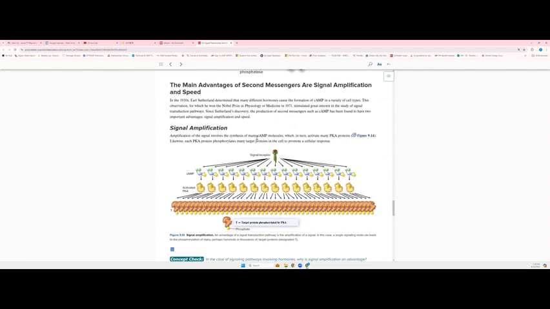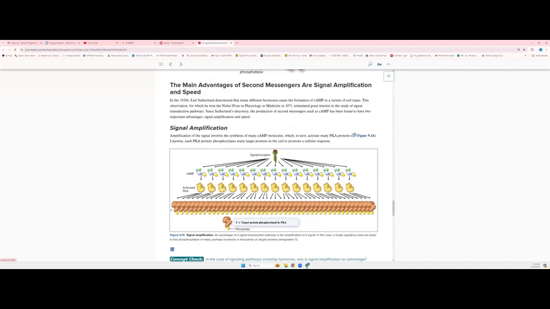And with more and more cAMP molecules coming out, more and more activated PKA will be generated, these yellow things. So more yellow subunits will dissociate from that purple one, right?